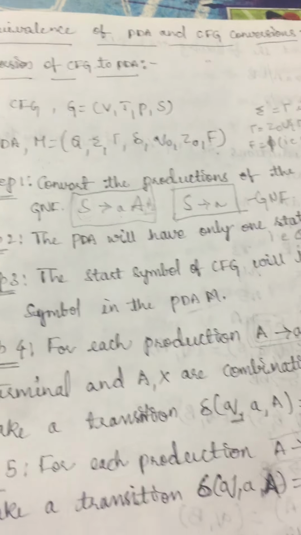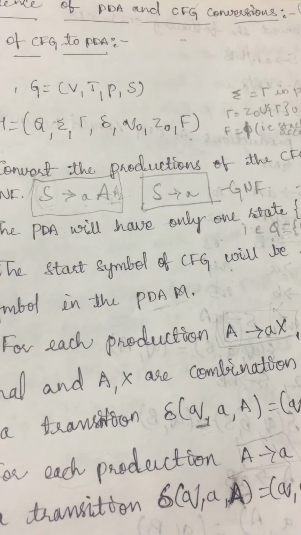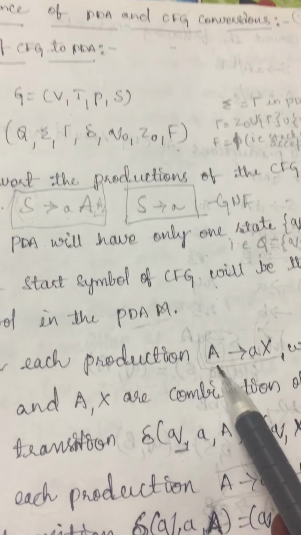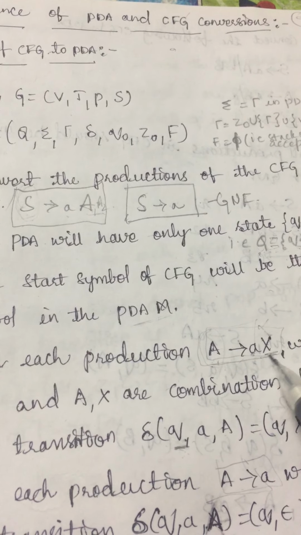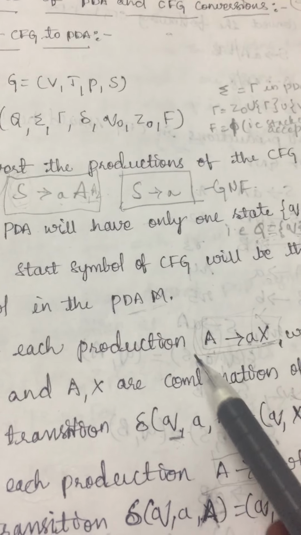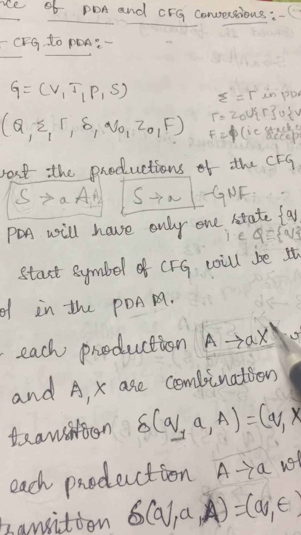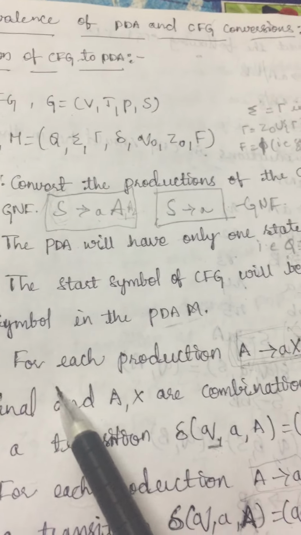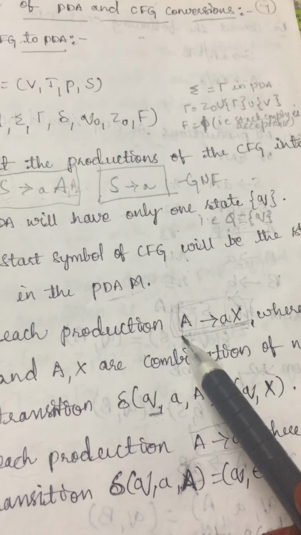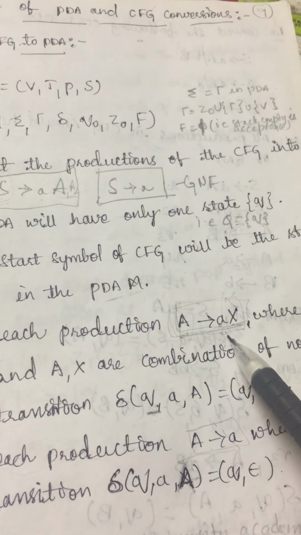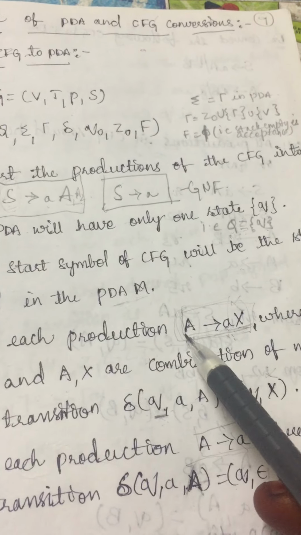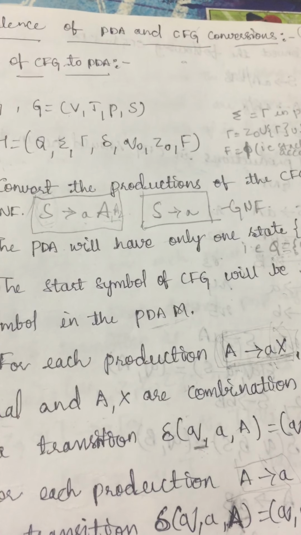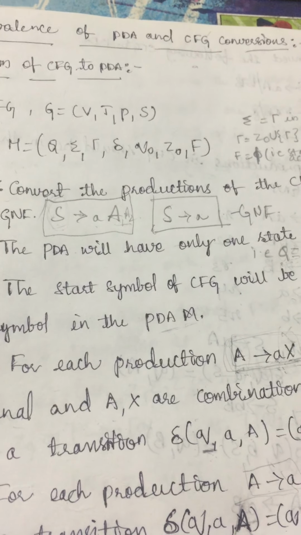And step 4 is, for each production of the form non-terminal producing a terminal followed by n number of non-terminals. See, it is in the form of GNF here. So if the production is of this GNF format, where small a is the terminal symbol and capital X is a combination of non-terminals.